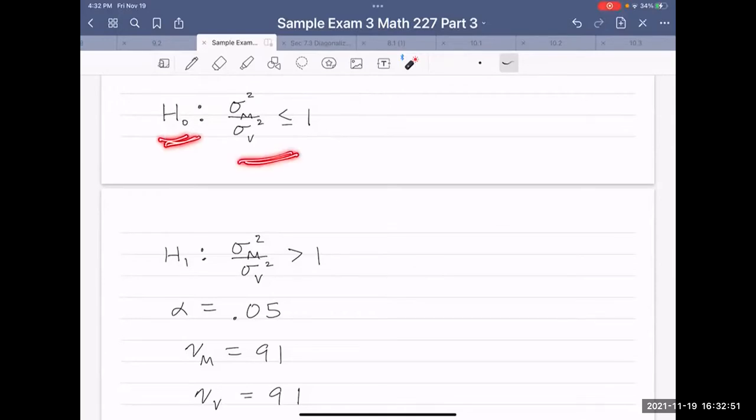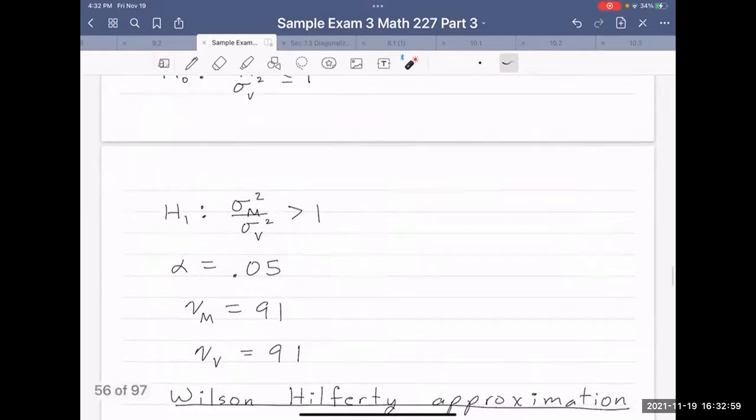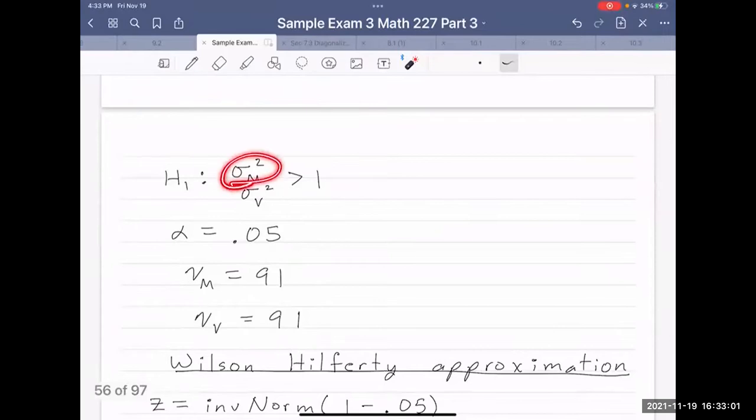So the null hypothesis is that the variance for Maryland divided by the variance for Virginia is less than or equal to 1. The alternative hypothesis is that the variance for Maryland divided by the variance for Virginia is greater than 1.